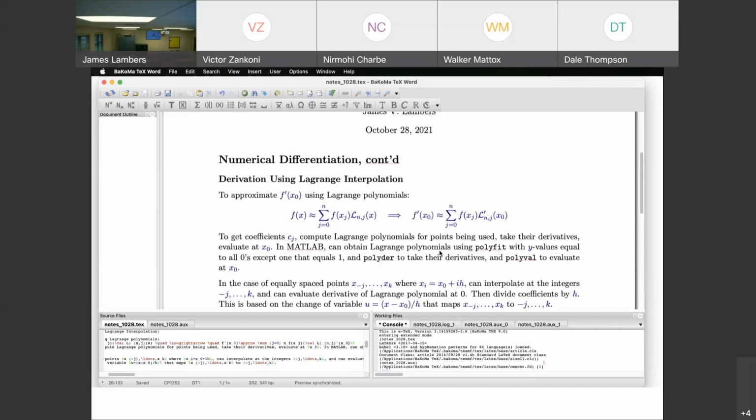Once you have those coefficients, you can use MATLAB's function polyder that computes the coefficients of a derivative of a given polynomial. And then once you have that, you can evaluate that polynomial at x naught using polyval. So that's one way to get an approximate derivative, and that would give you these coefficients.